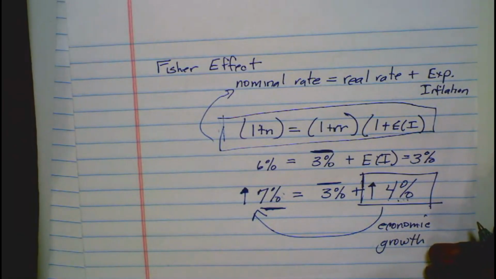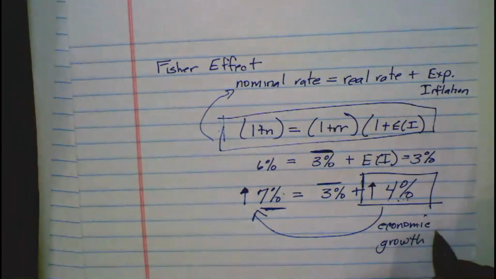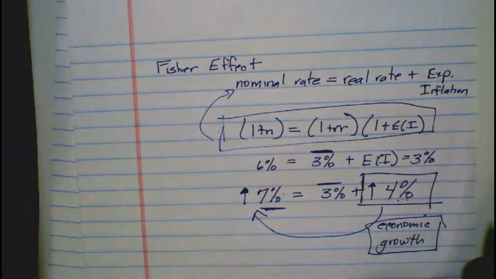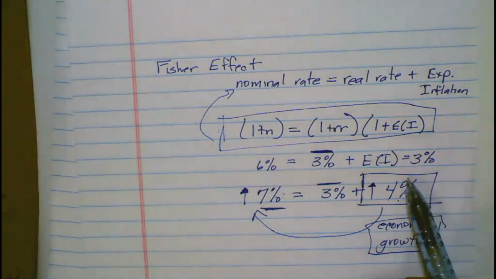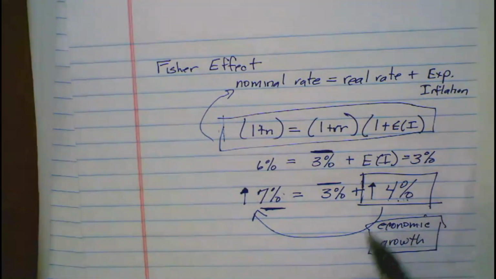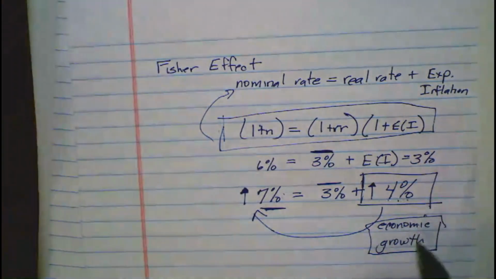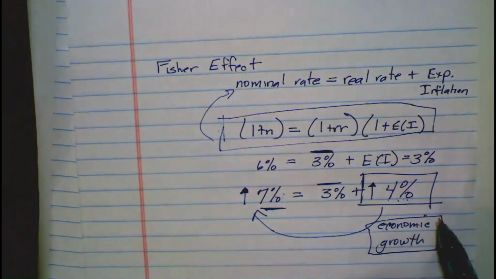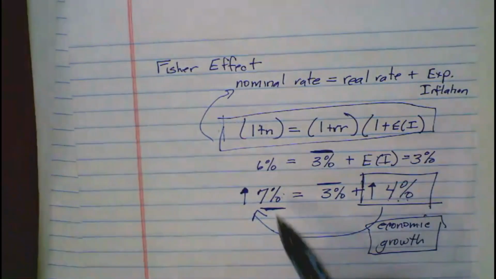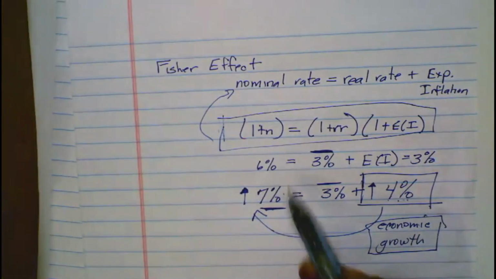The problem is that we need people consuming to increase economic growth. If people are saving more, they're not consuming as much, there's less economic growth in the aggregate. That means there's going to generally be less inflation, and that relates to lower interest rates.